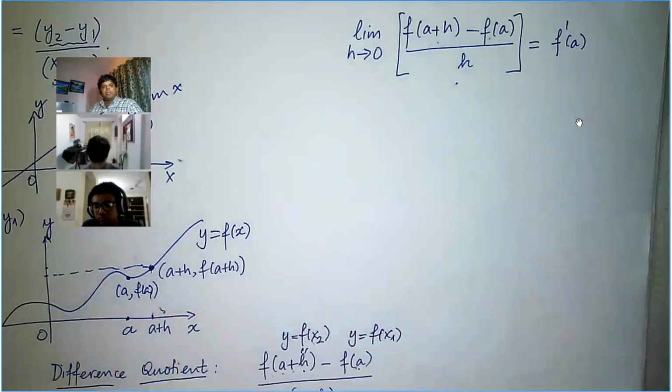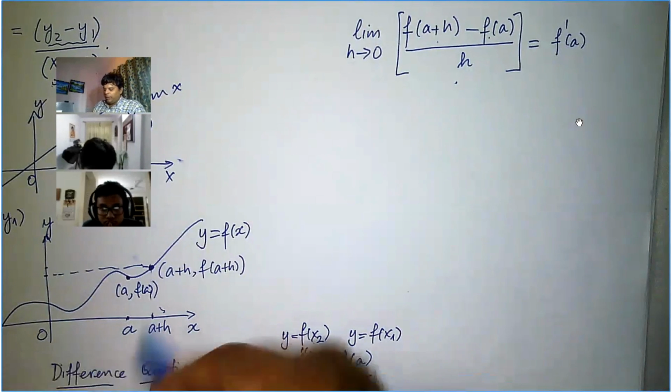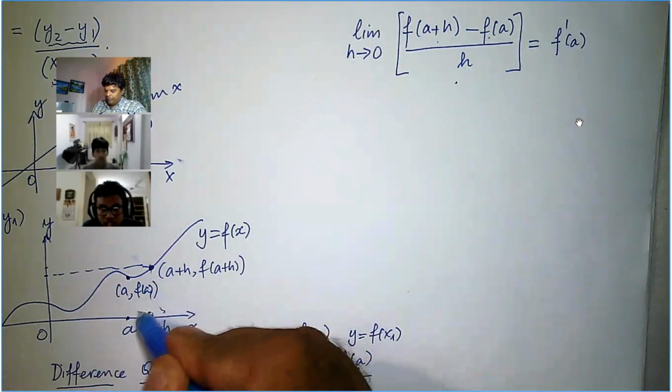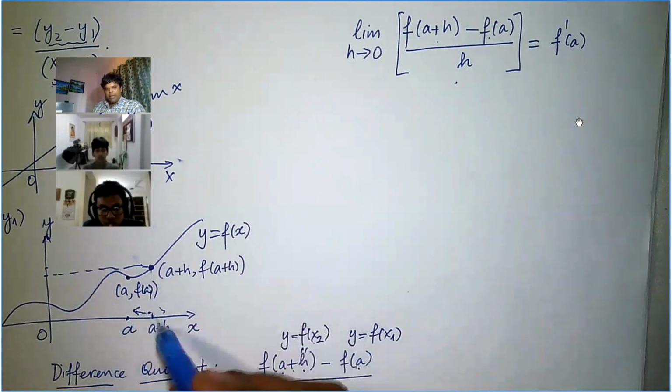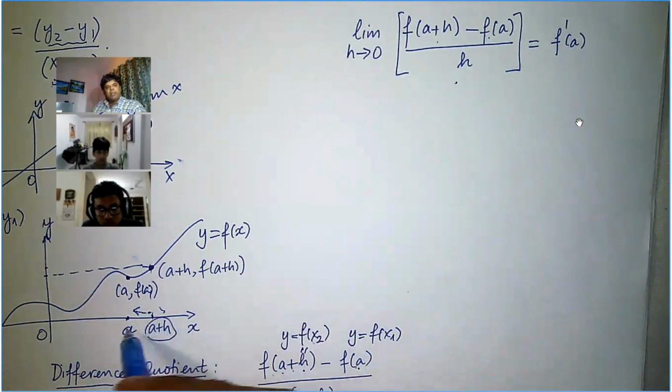So what's the difference, Krishna, between a straight line whose slope we were finding and the difference quotient whose limit we are finding? We are beginning to let this h go to 0, which means this a plus h will slowly come towards a.